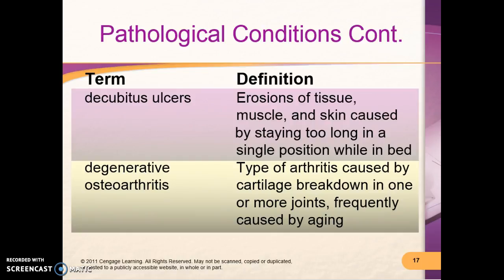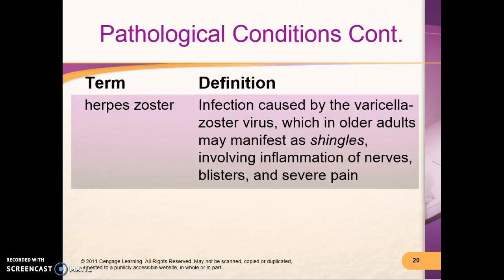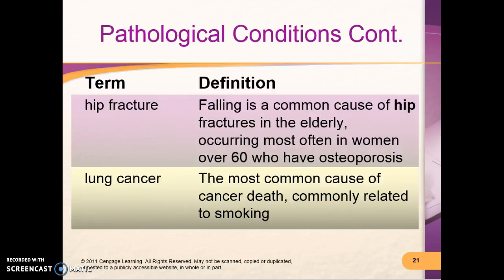Let's see. This is another one that you'll see a lot. The actual disease is herpes zoster, but it's known as shingles. So if you know of anybody who is suffering with shingles, that's the virus that it comes from. Lots of older patients have hip fractures, so you'll see those.